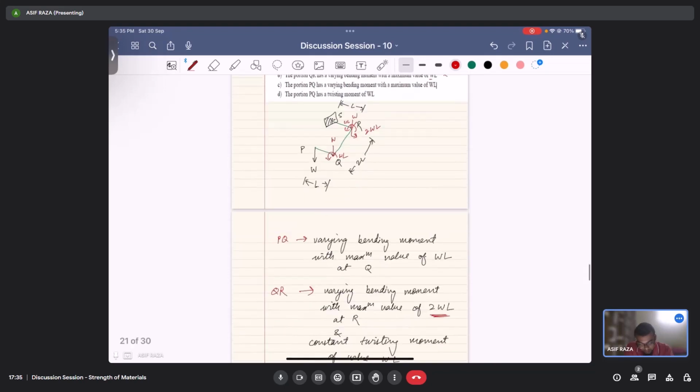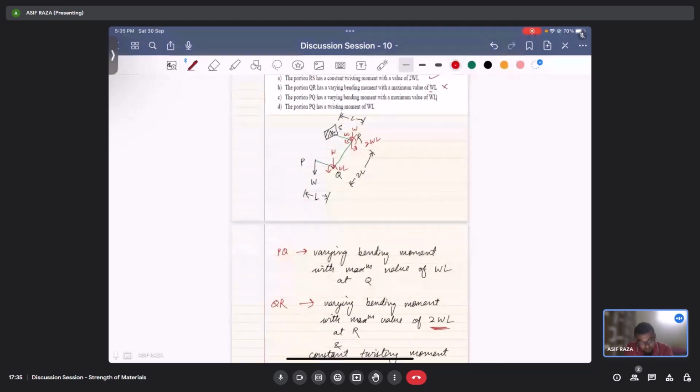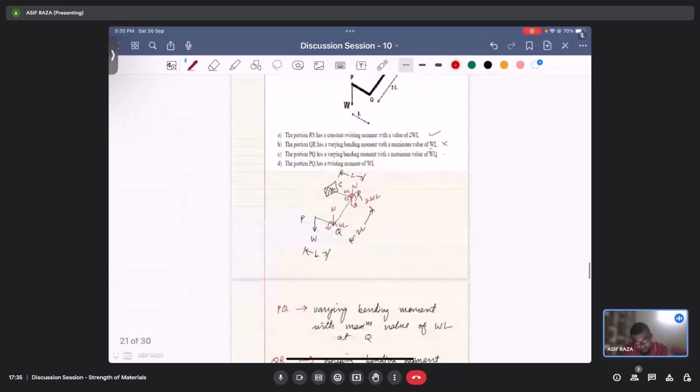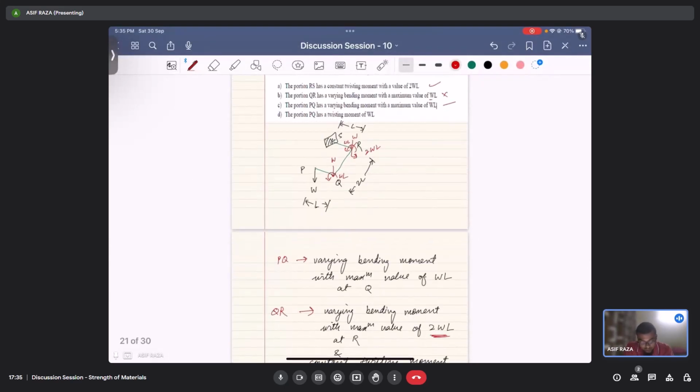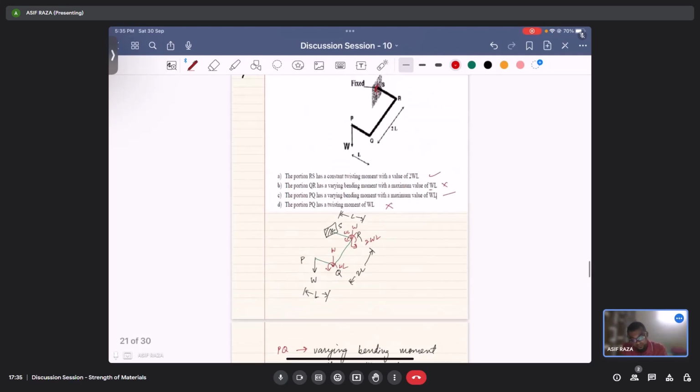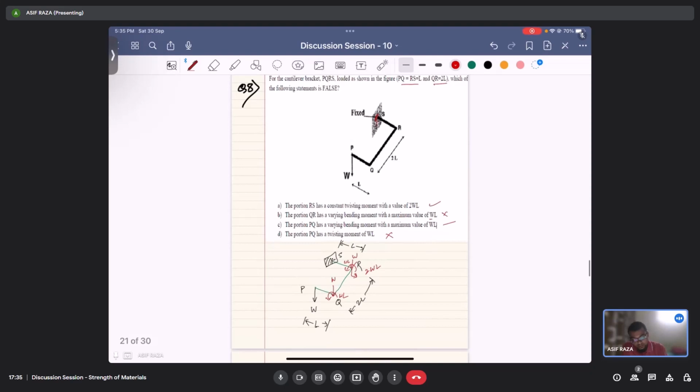This is a correct statement. Option D: the portion PQ has a twisting moment of WL. In the portion PQ there is no twisting moment, so this is a false statement. So option B and option D are the false statements.